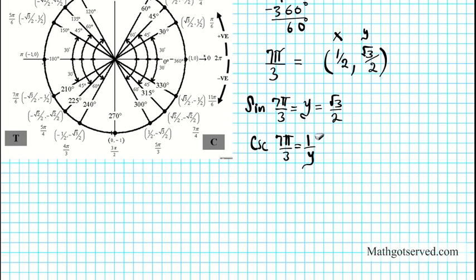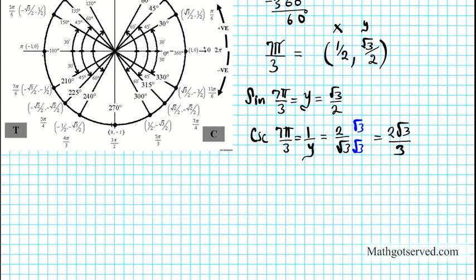So if we reciprocate root 3 over 2, we get 2 over root 3. We have a radical in the denominator, so we rationalize, multiplying root 3 top and bottom. So we have 2 root 3 over root 3 times root 3, which is root 9, which is 3. Okay? So there goes your first pair.